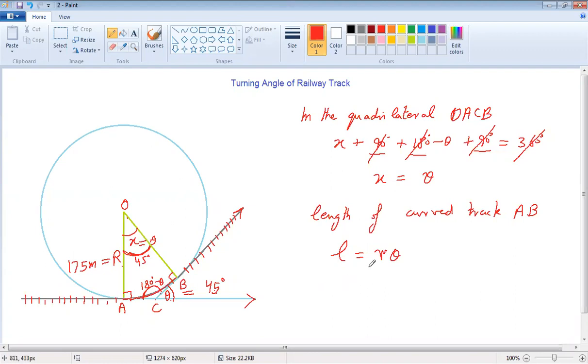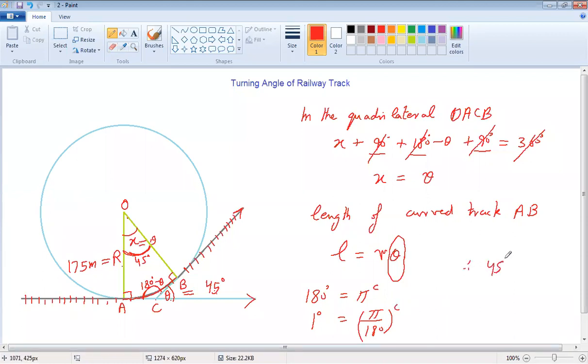But the angle theta must be measured in radians, not in degrees. So now here is the use of the relation which we studied in the morning class. We know that 180 degree is equal to pi radian. So 1 degree will be equal to pi upon 180 radian.